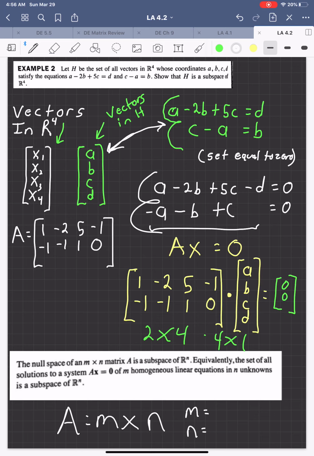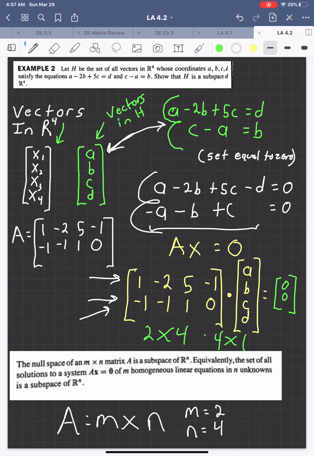Well, if you're looking up here, M was 2. What does that mean? That means 2 homogeneous equations, right? Rows, 2 rows, 2 homogeneous equations. N was 4.